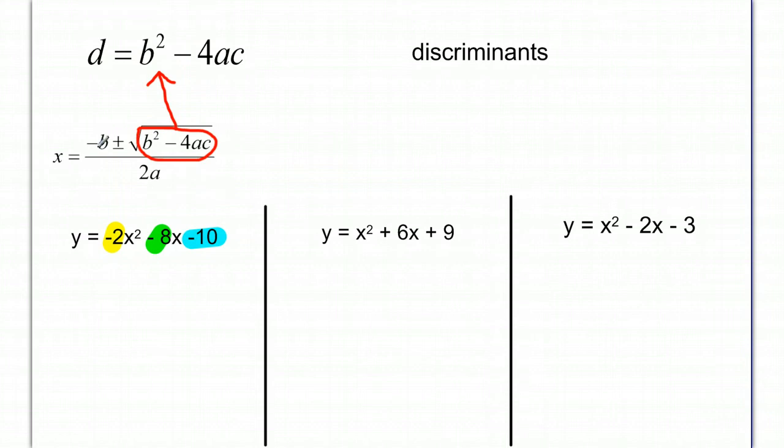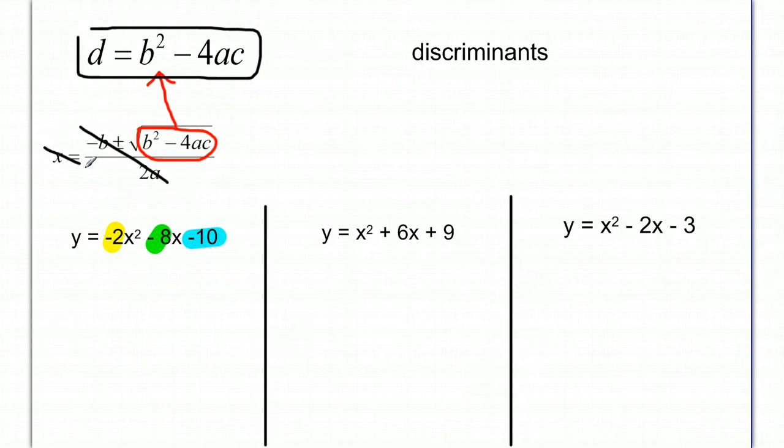We only look at the discriminant part. We don't actually care about the rest of this, so don't get caught up in that. b squared minus 4ac, so negative 8 squared, make sure you keep your parentheses straight, negative 8 squared minus 4 times a, which is negative 2, times c, which is negative 10.